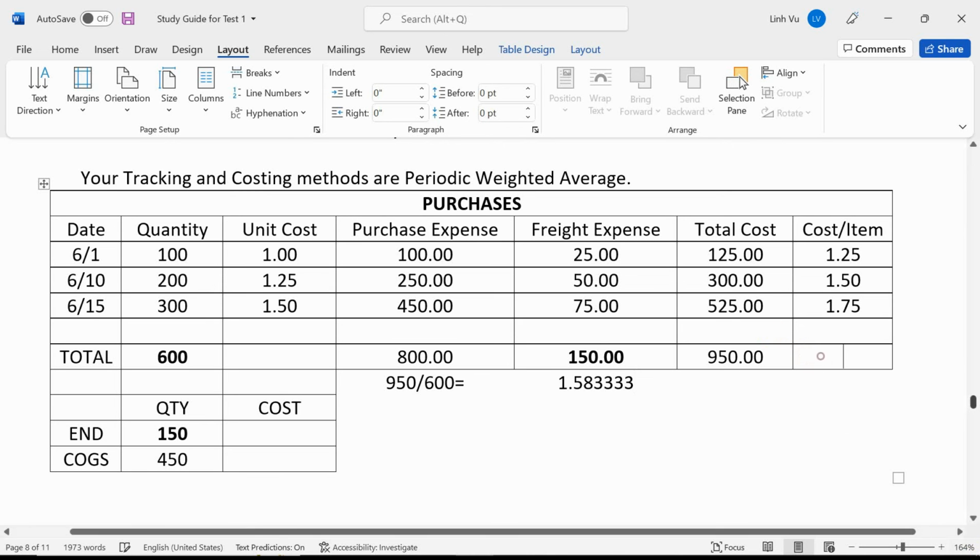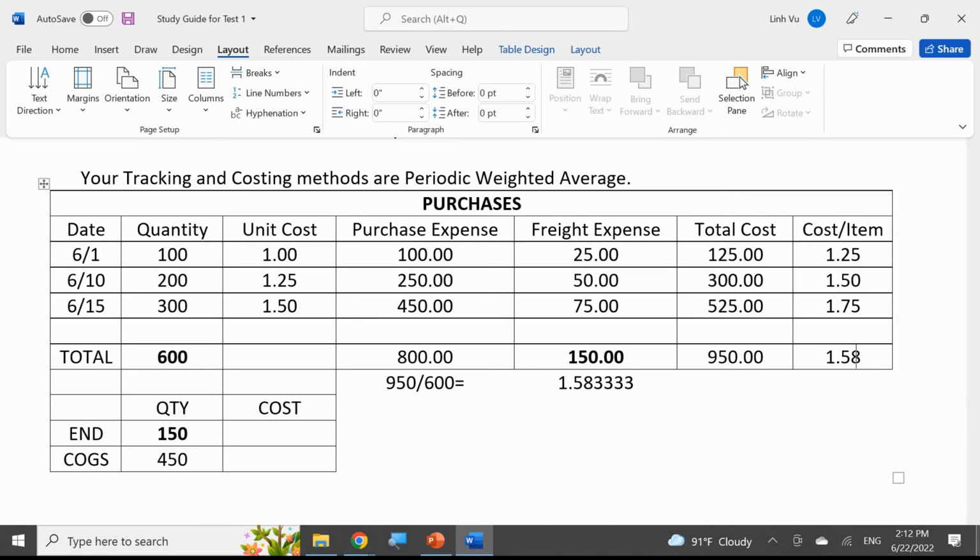So here, right, you can also put that here. Right? That is my average cost per item, right? I'm taking my total cost and dividing by my total quantity, right? Because I'm spreading the total cost evenly amongst the number of units that I have right now.